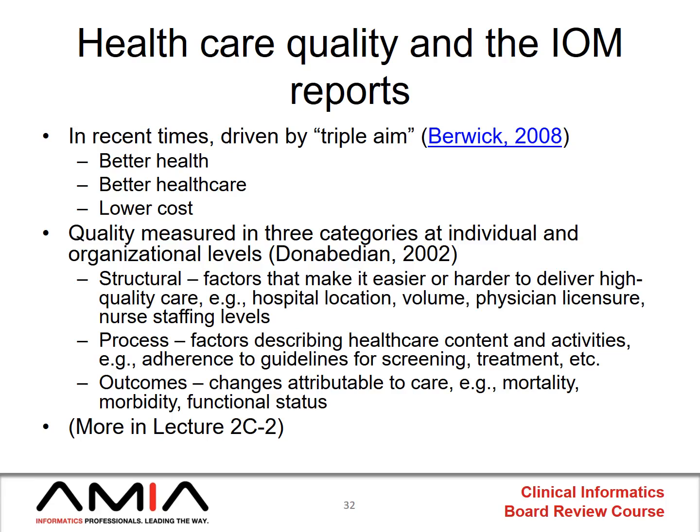There are also process measures that are factors that describe healthcare content and activities, such as adherence to guidelines for screening, treatment, and other activities. And then there are outcomes, which are changes that are attributable to care. So quality as measured by things like mortality, morbidity, and functional status. And again, we'll focus in more details on healthcare quality in a different lecture in the course.